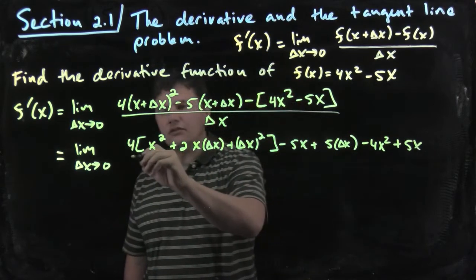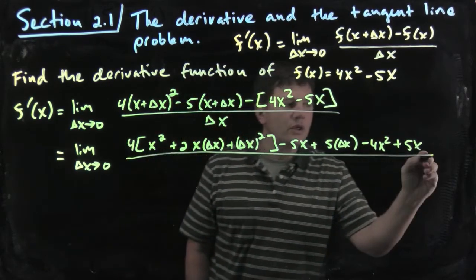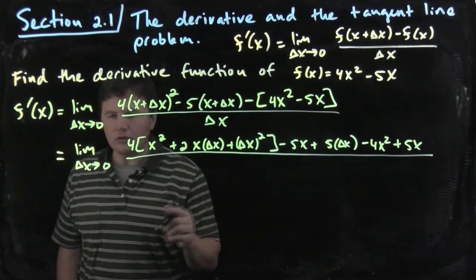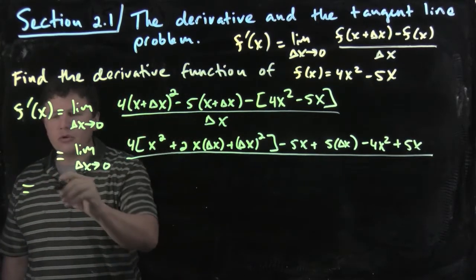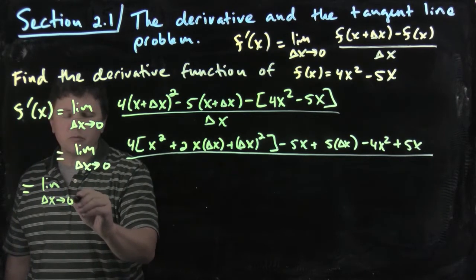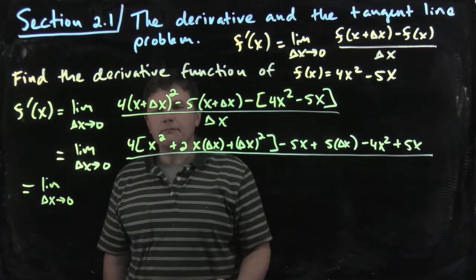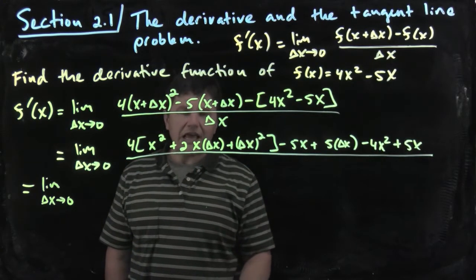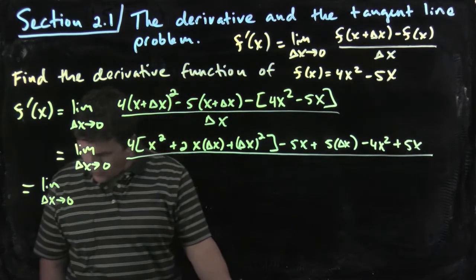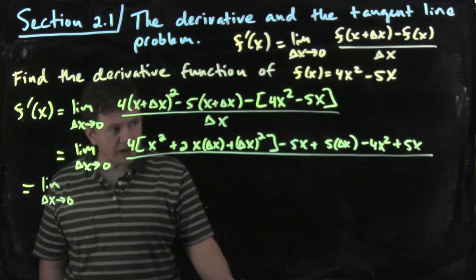Make sure that gets distributed. If you want to use h's here, feel free. It does get a little annoying to use delta x. The only reason I'm using delta x is that in our textbook they use delta x. I have used textbooks where they use h, and I think in Delta Math they use h. It's the same thing, so don't be thrown off by that.